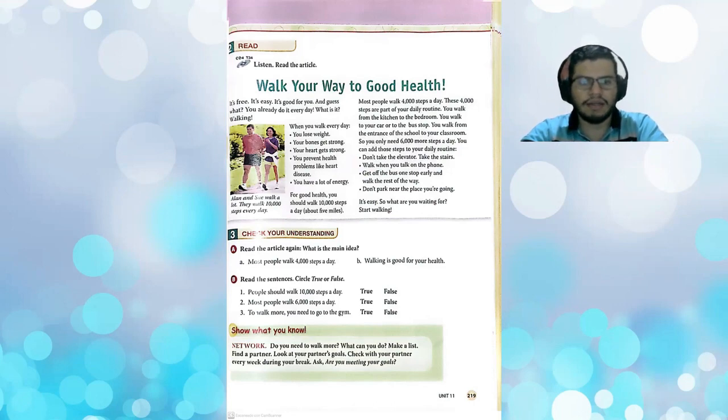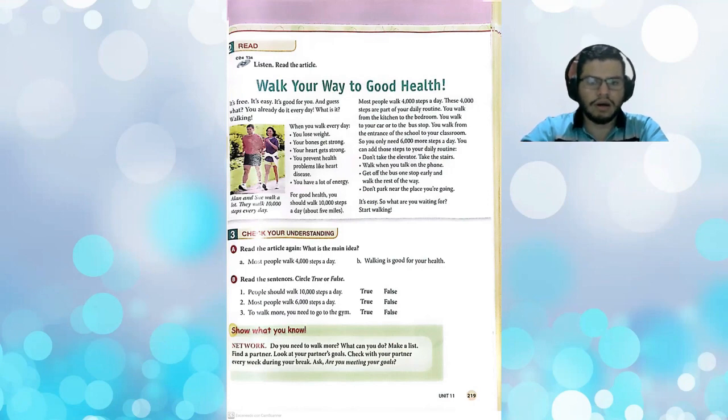Read the article again. What is the main idea? Most people walk 4,000 steps a day. Walking is good for your health. A or B? What do you consider? Excellent. This is the letter B. Walking is good for your health. Read the sentences, circle true or false.